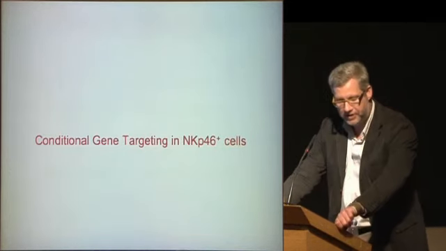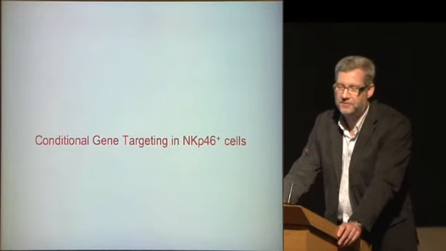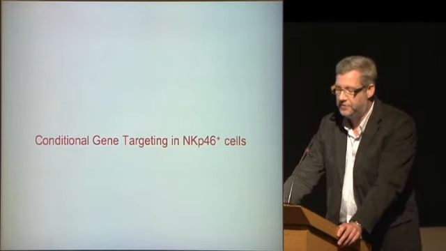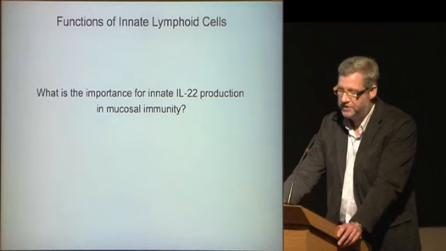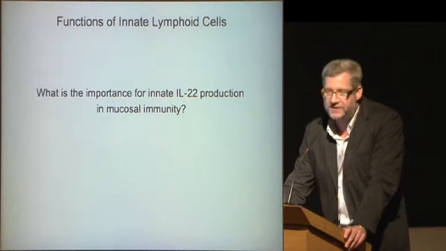So just to finish up, I'll talk a little bit about some of our attempts to try to dissect roles for these different ILC subsets, and in order to do that, we've been developing some models using conditional gene targeting. And one of the questions we've been asking is what the importance of this innate IL-22 production is in mucosal immunity.